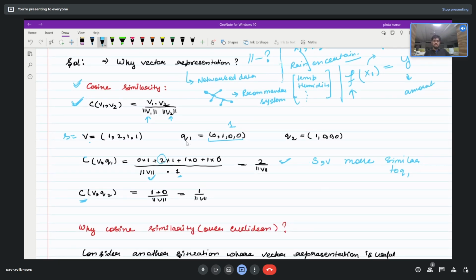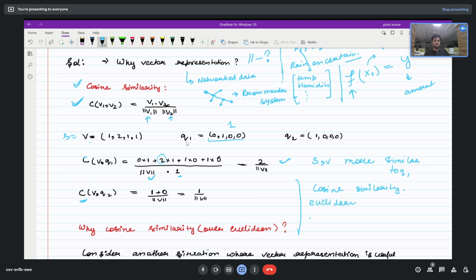Now, another thing I wanted to mention is, why should one use cosine similarity? Most of you might be from different backgrounds. One thing you all would have definitely seen is Euclidean distance.